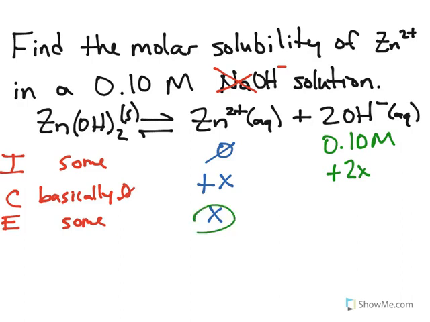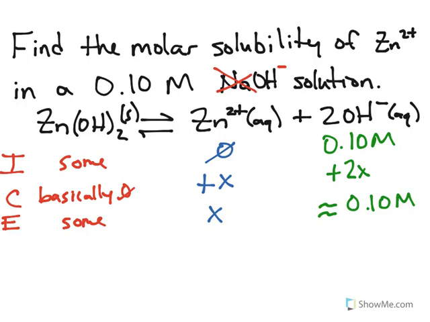But again, this value is going to be so tiny that when you compare it to what you're starting with, even doubling it, this is like having $1 billion and someone gives you a nickel. It just doesn't matter. The change is so insignificant that we can effectively call this 0.10 molar still.